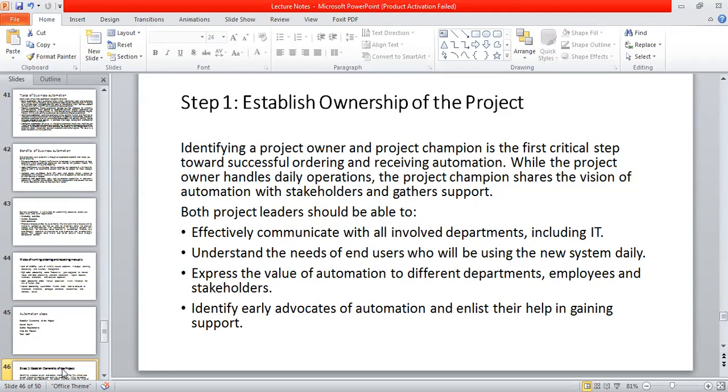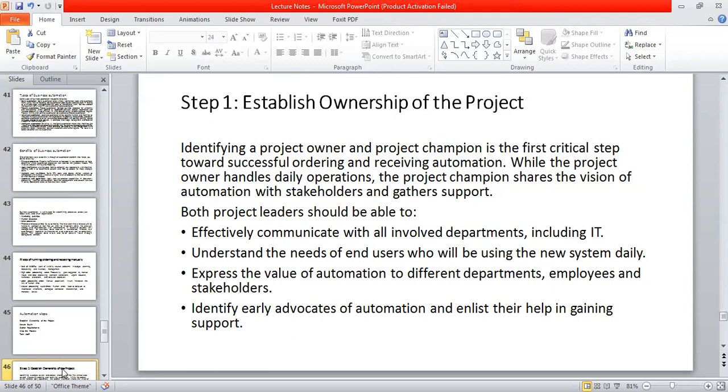In some cases, for instance, the organization requires to subcontract or maybe to buy the system from an outsider.